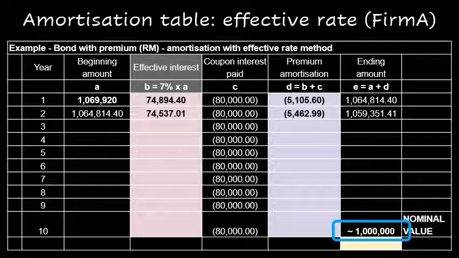Now remember, from the calculation, we might end up with a slight deviation from the nominal value, perhaps few cents. And this depends on the accuracy of the calculation. If used formula, we could get much closer to the nominal value at the end as compared to using a simplified present value annuity and present value tables.